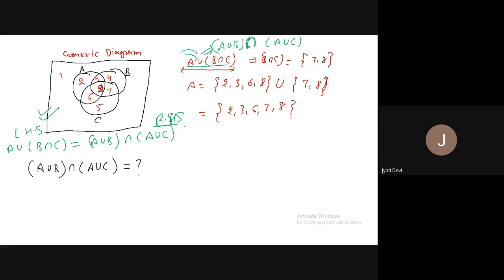Let's take an example and see whether the result is the same or not.